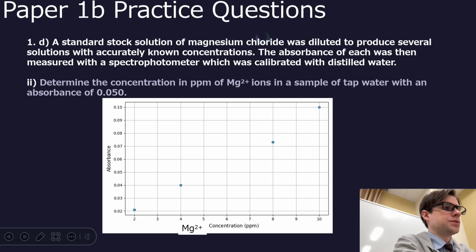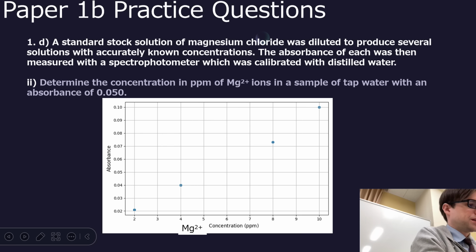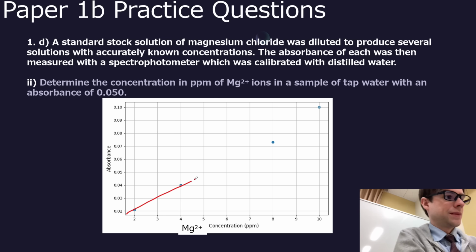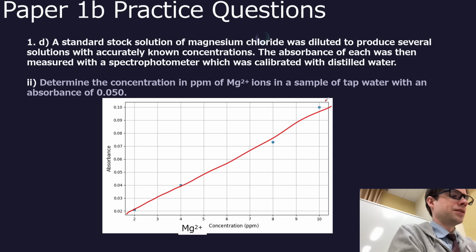And determine the concentration in ppm of Mg2+ ions in a sample of tap water with an absorbance of 0.05. Okay, so you need that line of best fit that I drew before. I'll try to draw it again. A little bit better that time, maybe? Straighter.